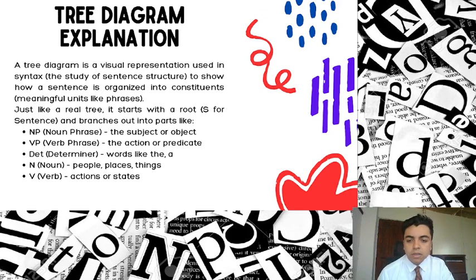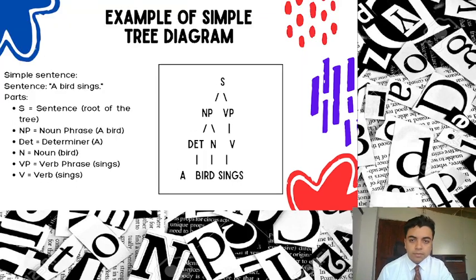Just like a real tree, it starts with a root, S for sentence, and branches out into parts like NP, noun phrase, the subject or object; VP, verb phrase, the action or predicate; determiner, words like the and a; noun, people, places, things; and verb, actions or states.